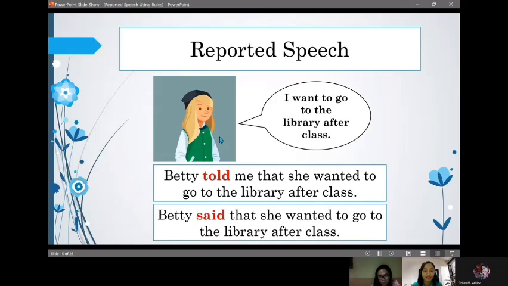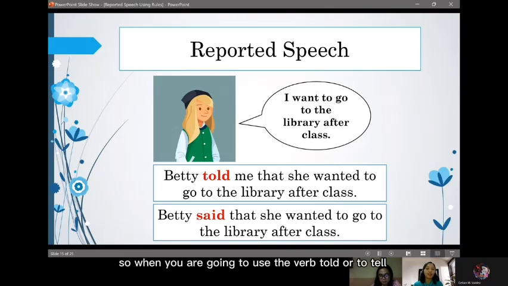Anyone? Yes. Okay, I think the first sentence has an object, me, Betty told me, and the second sentence doesn't have any object po. That's right.